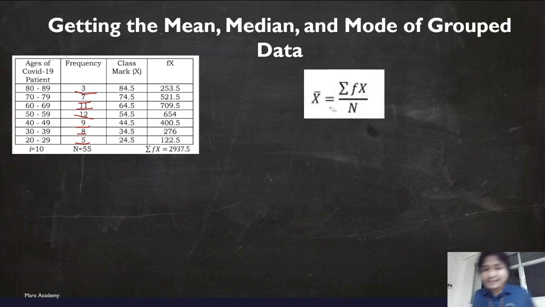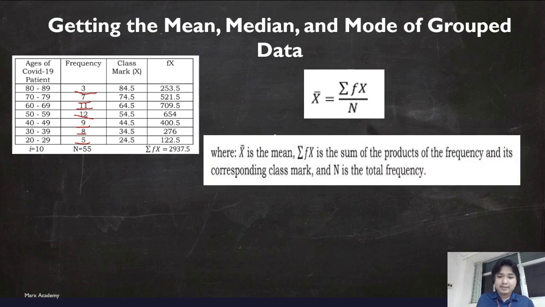Here is the formula: capital X bar equals the summation of f times X, the class mark multiplied by frequency, over the total frequency, capital N, which is 55.